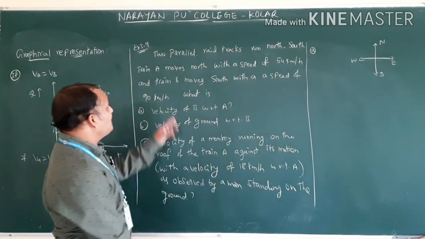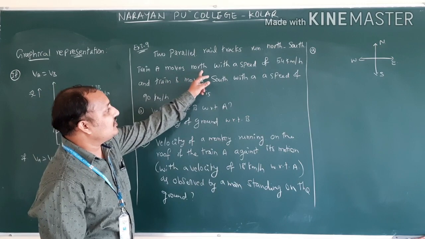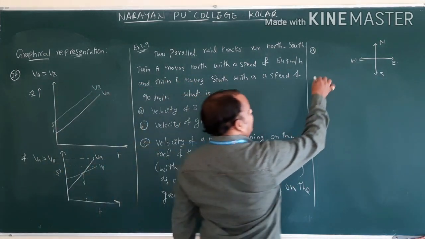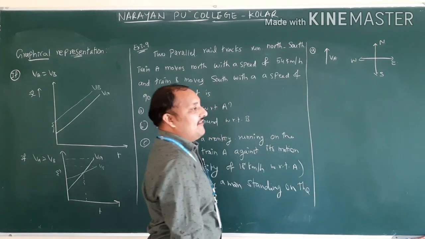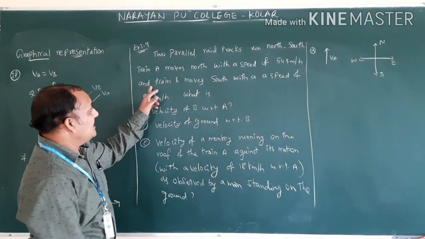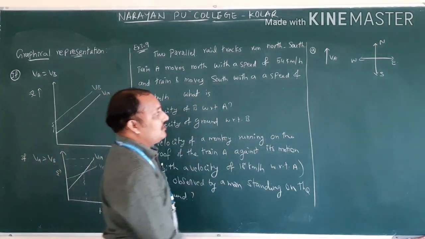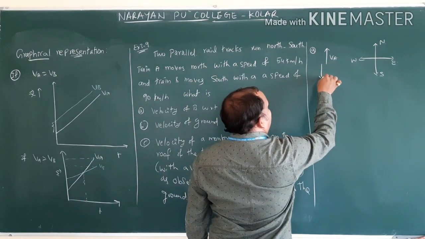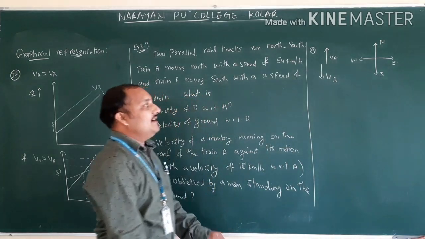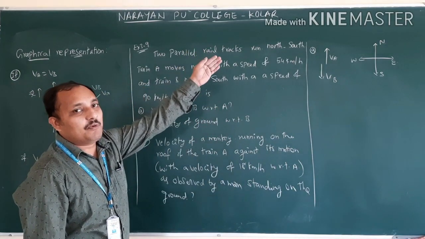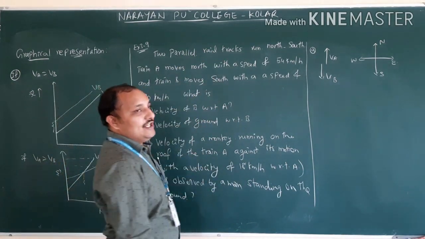Now train A moves north. North means like this. This is the velocity of train A, VA. Next, train B moves south, which means it is coming downwards. VB. Generally we will take upwards as positive, downwards as negative.